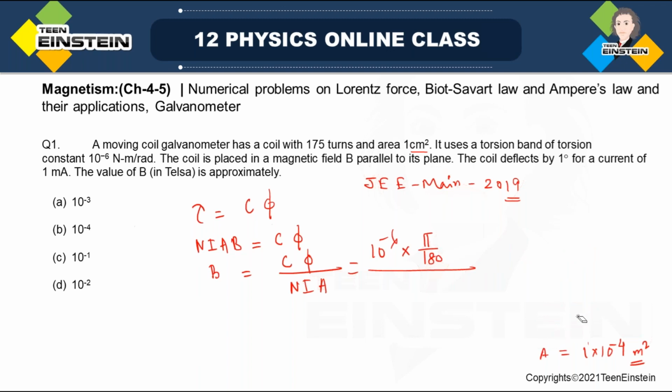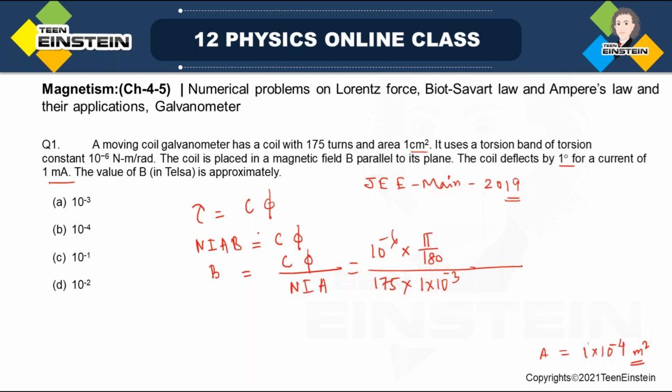If I go with a single SI unit, then all the units will get in Tesla. N is 175 and this is 1 milliampere. Since I have used 1 degree deflection, the current is 1 milliampere when the deflection in the coil is 1 degree. So this is 1 into 10 to the power minus 3.